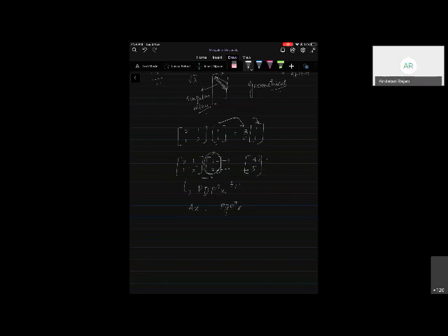Now, the moment I say P transpose X, and the columns of P are all unit vectors, this P transpose X will correspond to projecting X onto the eigen directions.